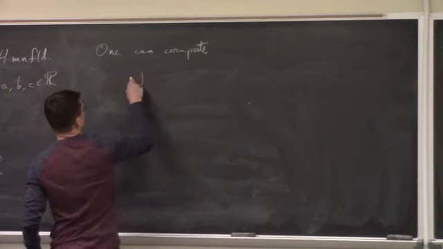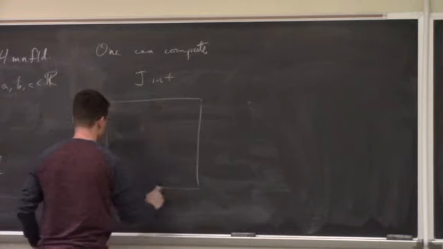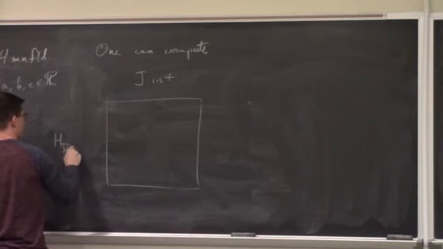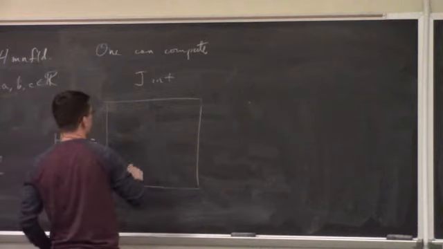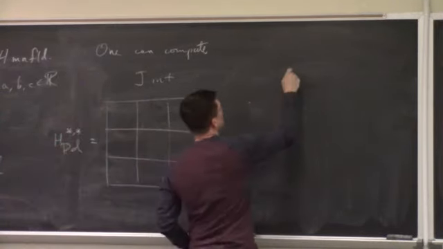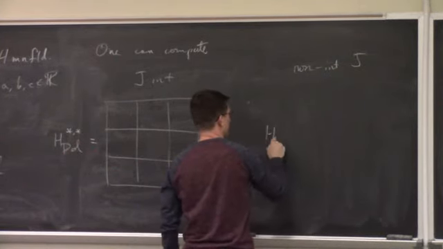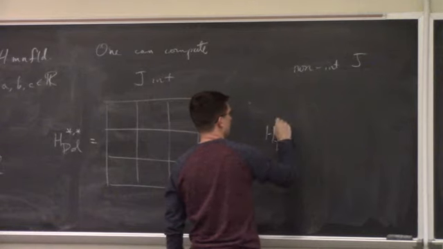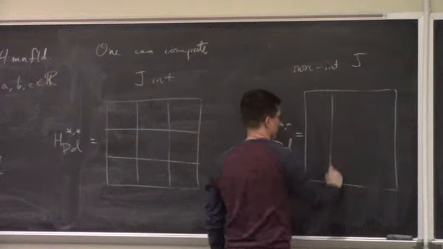So let me say there's an integrable J for which I'm going to calculate some groups. But then there's also a non-integrable J, and I want to get the groups for both of them because there's something interesting happening.